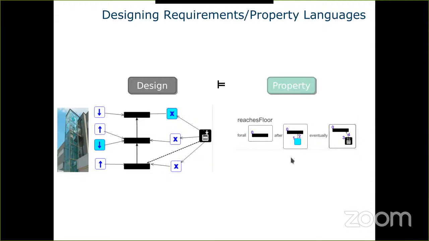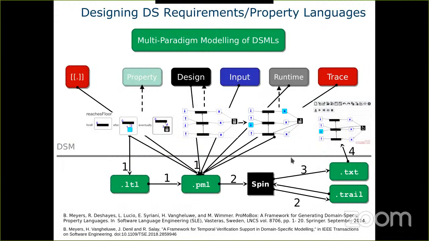And it turns out that from a language engineering point of view, I'm going to look a little bit under the hood. From a language engineering point of view, we need a property language, we need a design language, we need a runtime language, which actually has a notion of current state. You see it highlighted here.